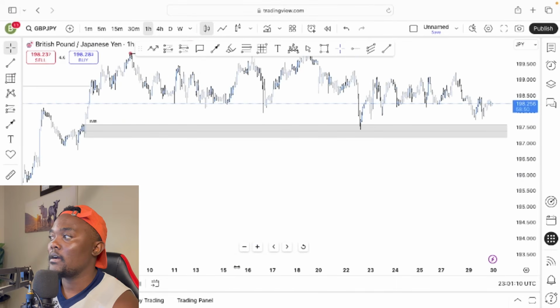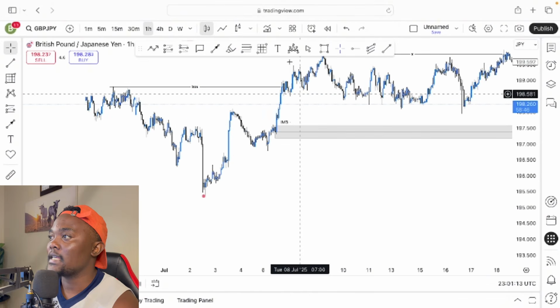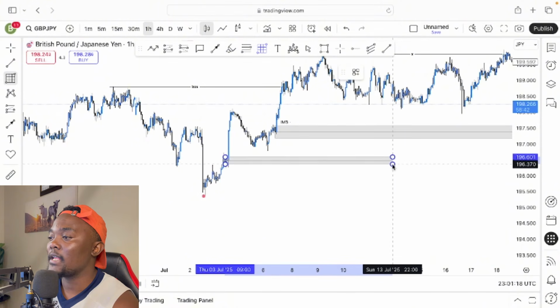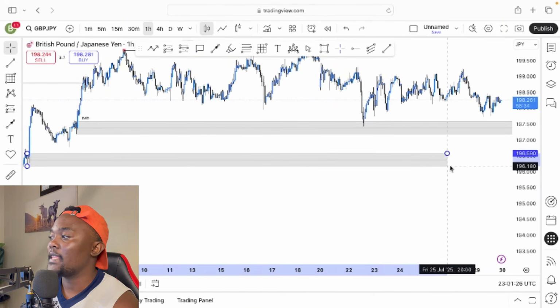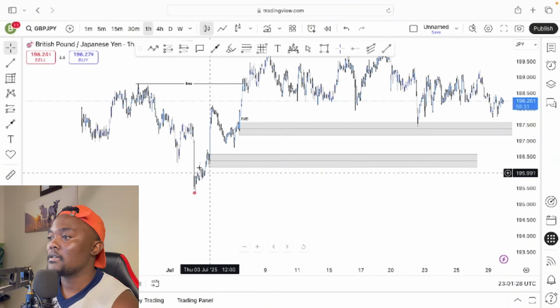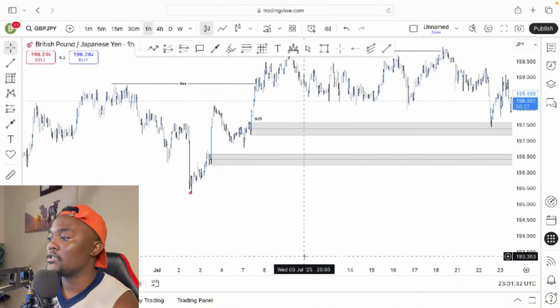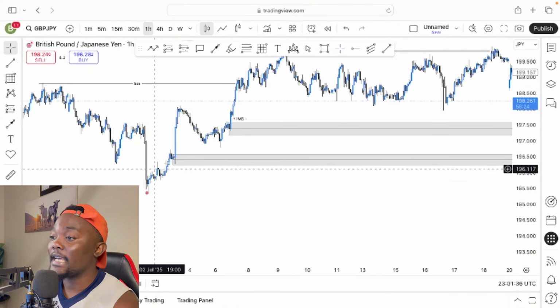Zooming out, you can obviously see that this area here is a nice demand zone that you can also use, or you can just use that small candle. It's still okay, or you can cater for everything that's going on around this price leg right there. This is your overall demand zone that you can use. Then try and zoom out and see if there is an area that you can use.